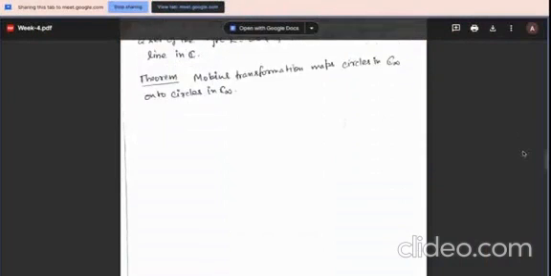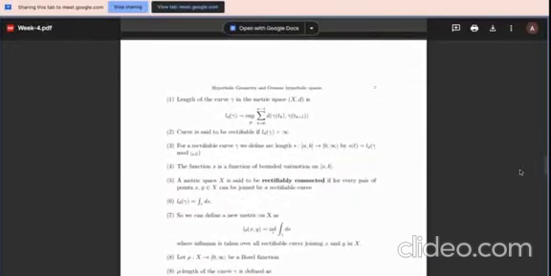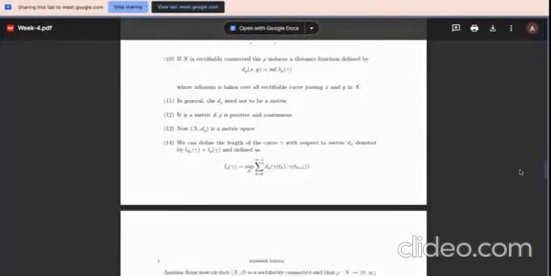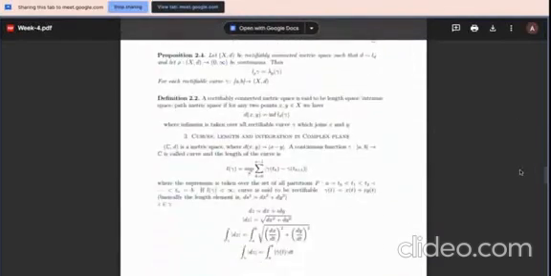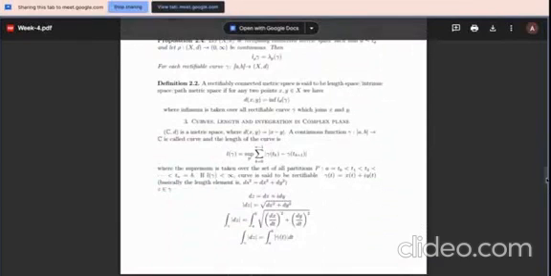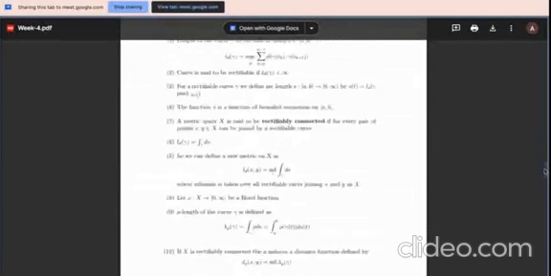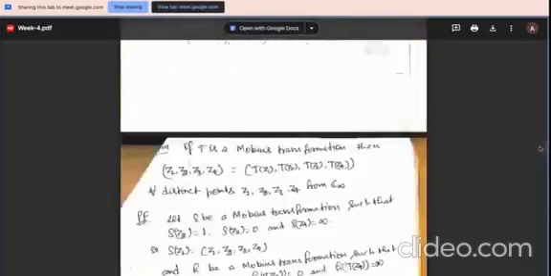Mobius transformation maps circles into circles. This is just for a metric space.